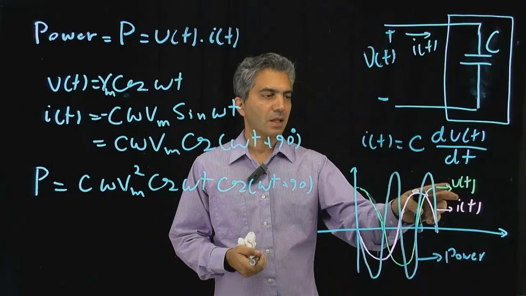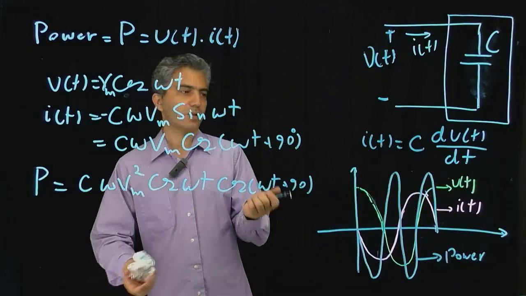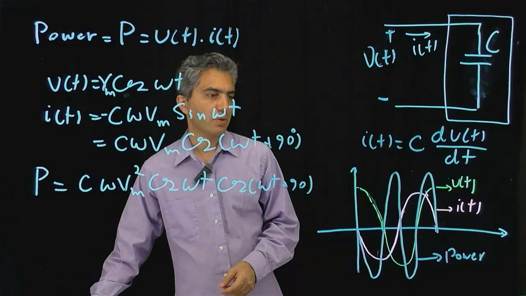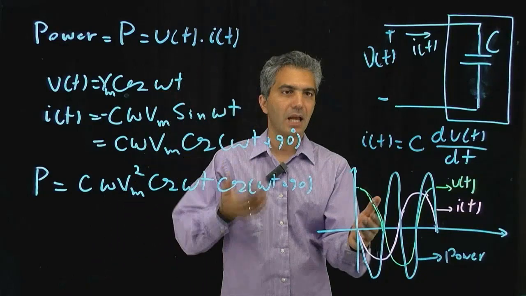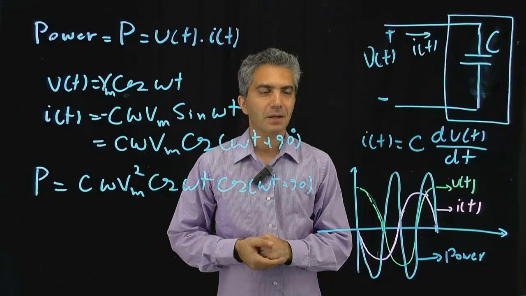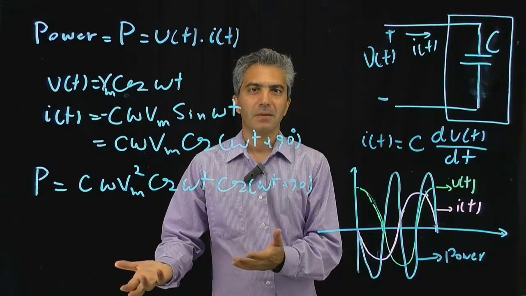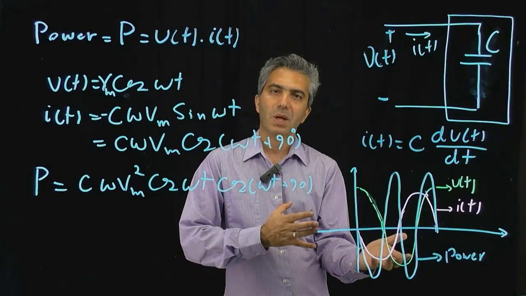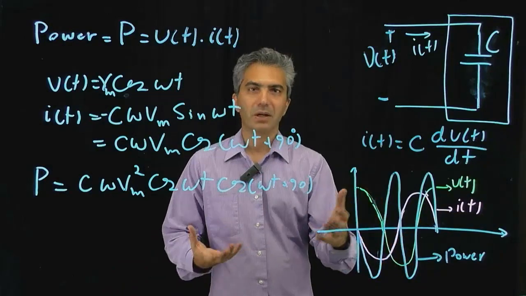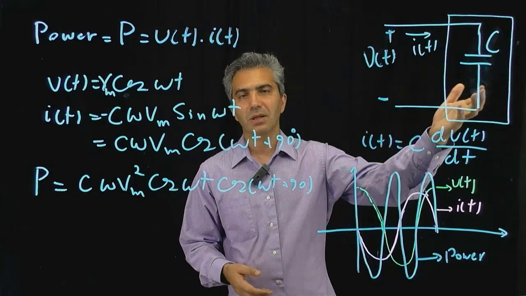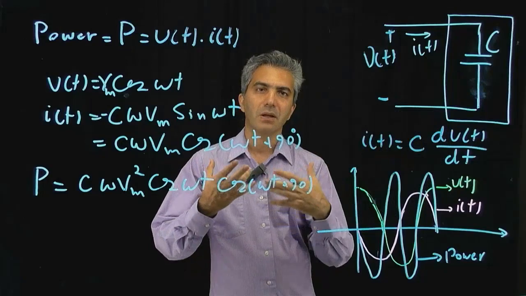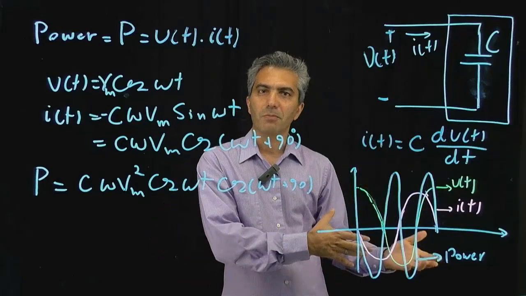The only difference is that now we just switched the voltage and current, but in the end the result is the same. In other words, the average power for the capacitor is the same as it was for the inductor, that is 0. So we can extend the discussion: there is no power consumed in the case of a capacitor. We are not transforming any of the electrical energy into a different domain.